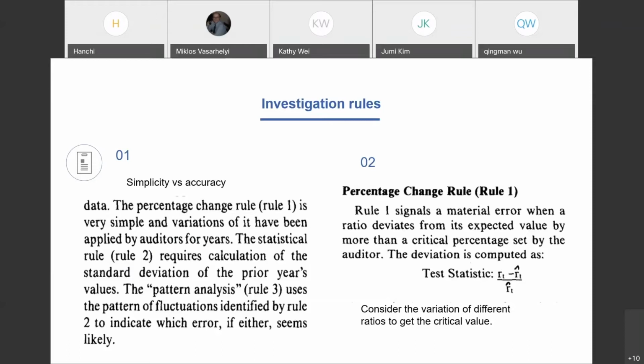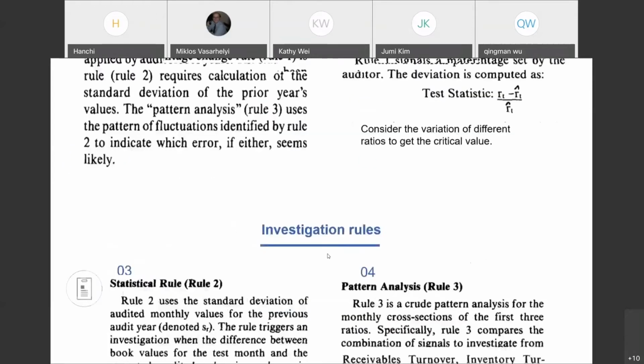And we think we should also pay attention to the critical value, because it's very important when we do the test. Yes, sorry, because you all remember that in different ratios, variation is different.